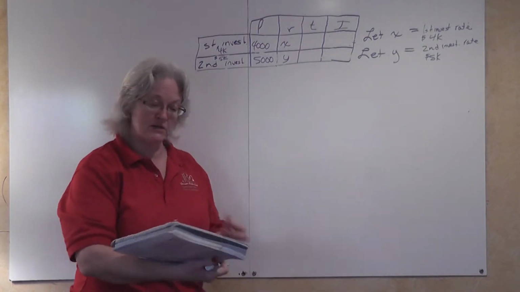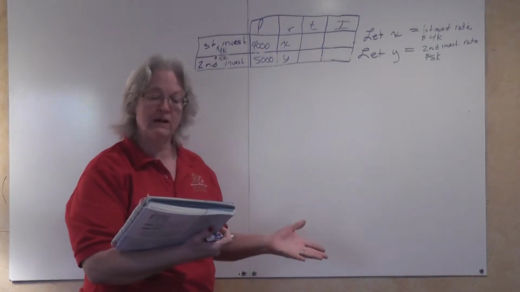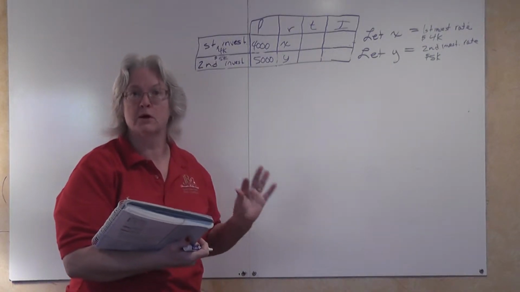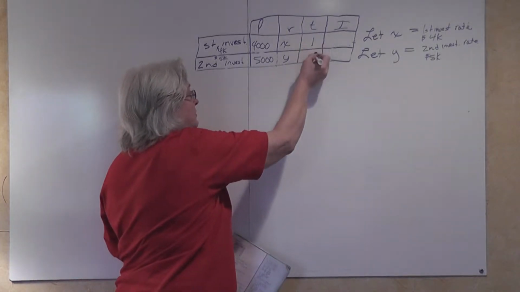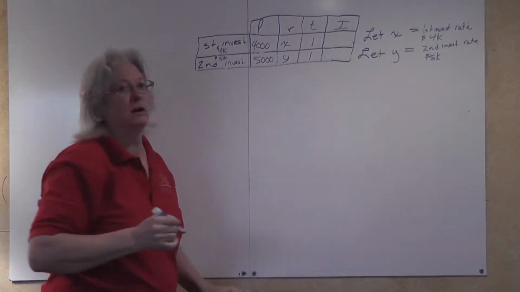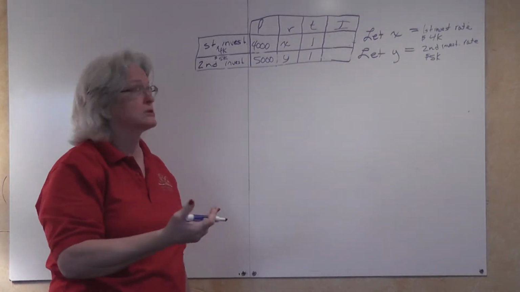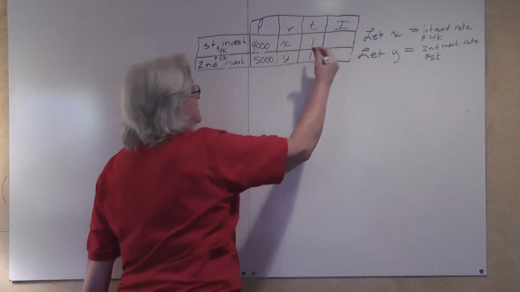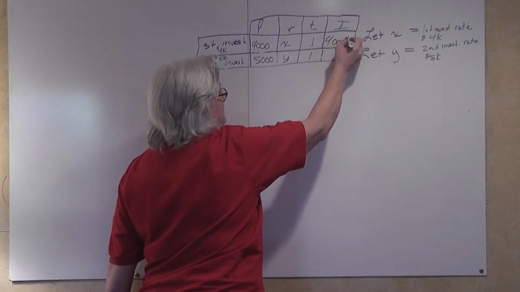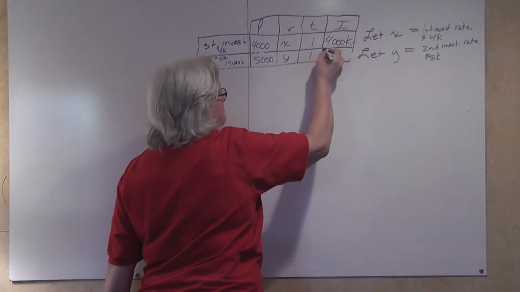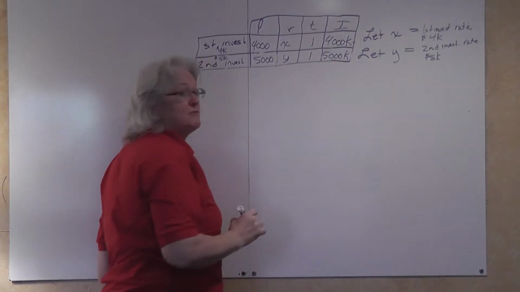Our book tells us that Mike is going to receive interest per year. So this money is going to be invested for a year. How do you calculate interest? Interest is equal to principal times rate times time. So the interest on the first investment is 4,000x. The interest on the second investment is 5,000y.